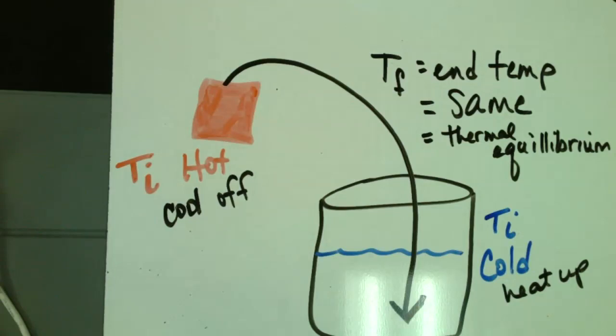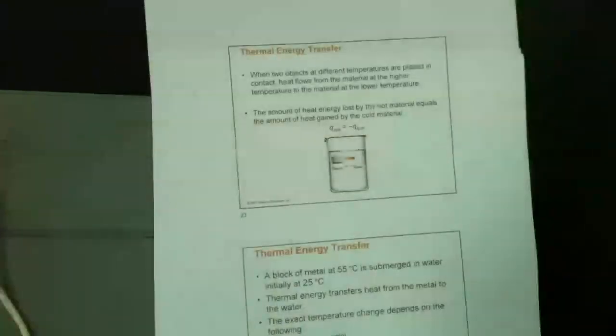Now, we've got to be careful here because the change in temperature for each will not be the same. Why? Because their specific heat capacity, or the amount of energy it takes to heat and cool that substance for each, is different. So let's take a look at how we could change this into a mathematical situation.